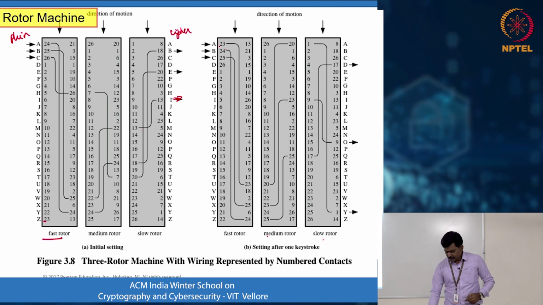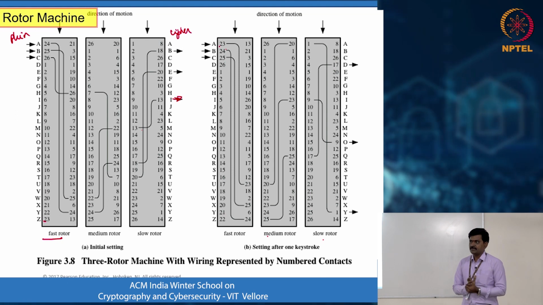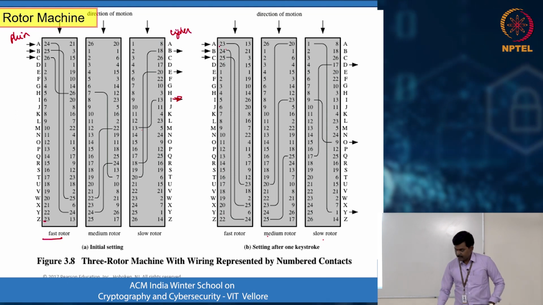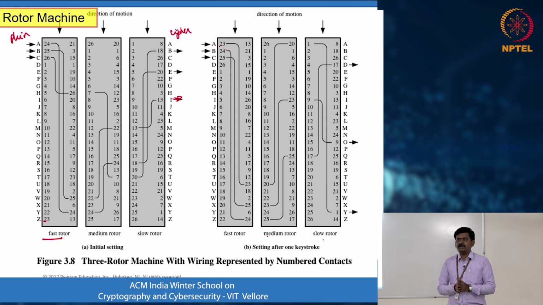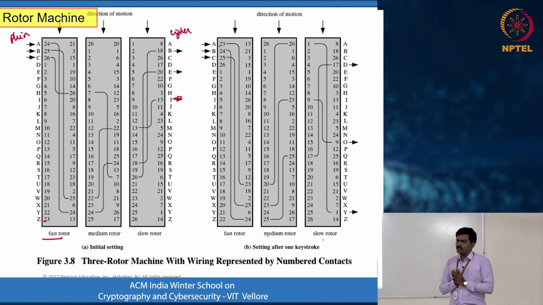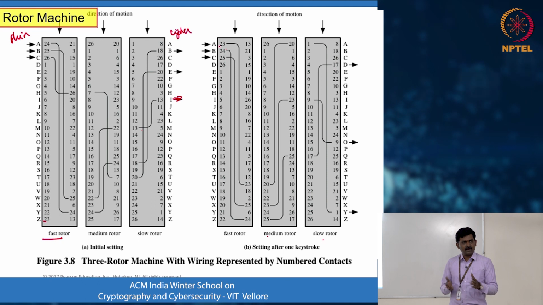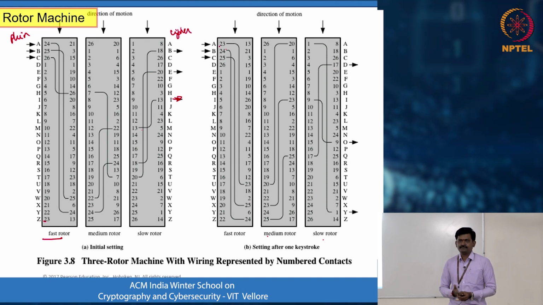Okay. So this is the internal structure of the Enigma machine. The point is, again, it is unique, machine to machine. So if Alice and Bob want to communicate, they should have the same Enigma machine, because the internal wirings are different. Okay.